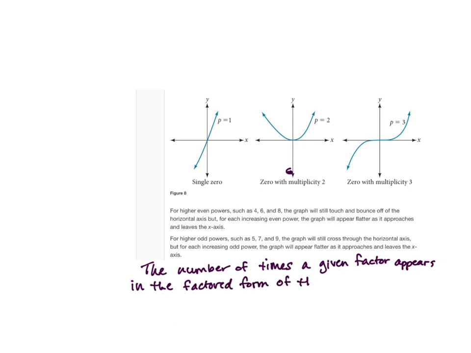The number of times a given factor occurs or appears in the factored form of the equation is called the multiplicity.